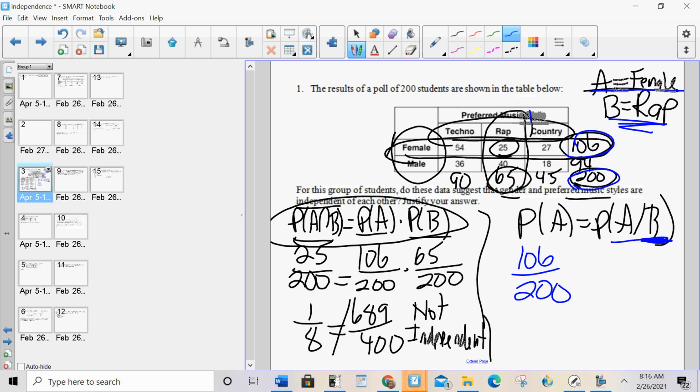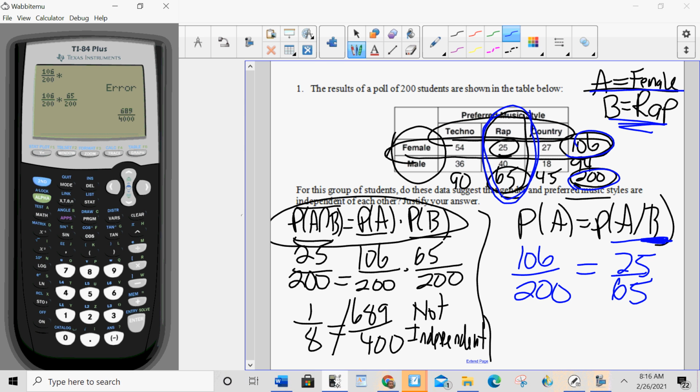So the condition is rap. So I'm looking in this blue. Out of the 65 people who like rap, 25 are female. Are these equal? Well, alpha y equals enter, 106 over 200, 53 over 100.